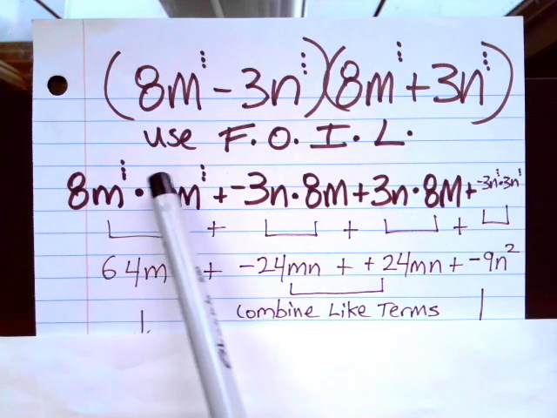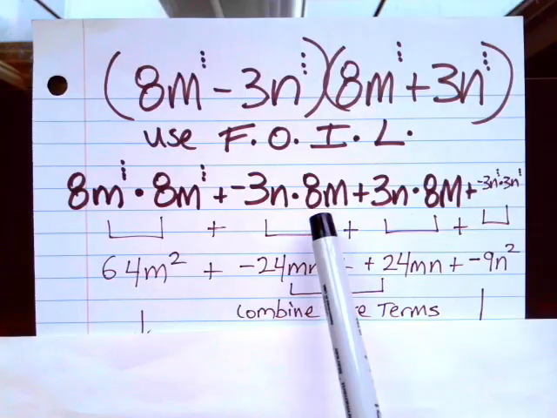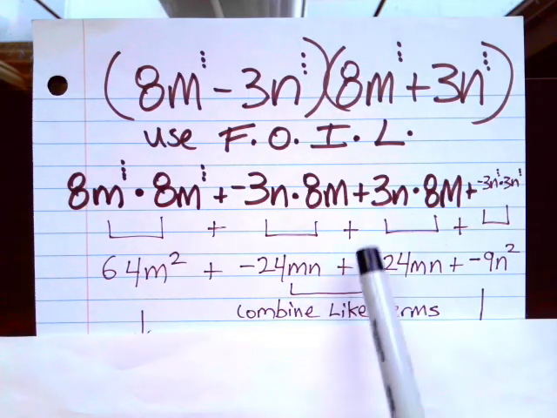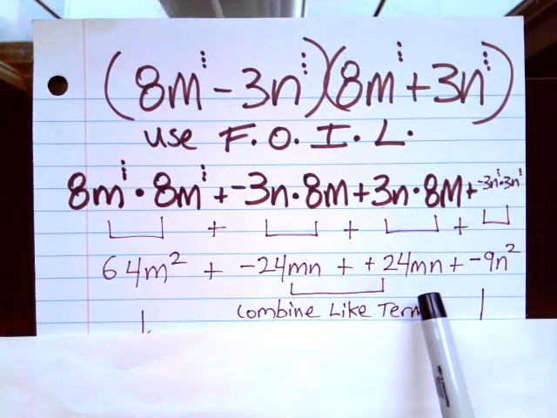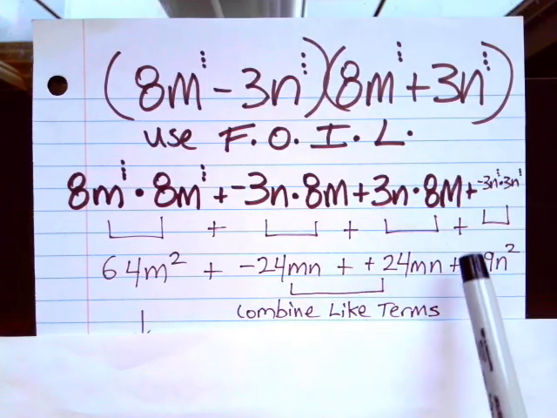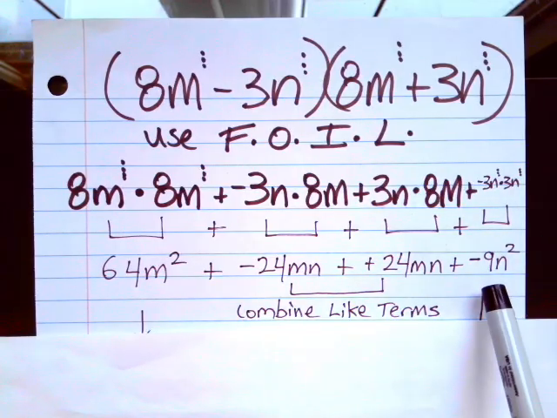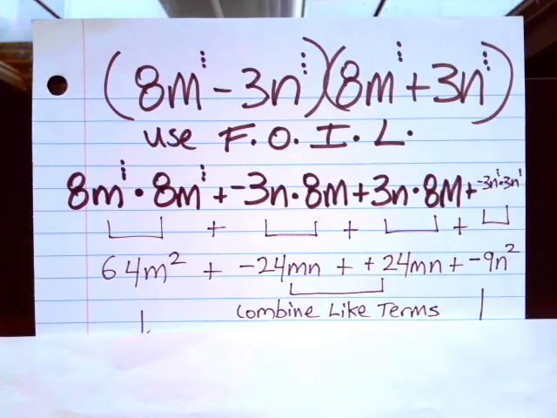M times m is m squared, plus. Negative 3 times 8 is a negative 24mn, plus. 3n times 8m is a positive 24mn, plus. Negative 3 times a positive 3 is a negative 9. N times n is n squared.